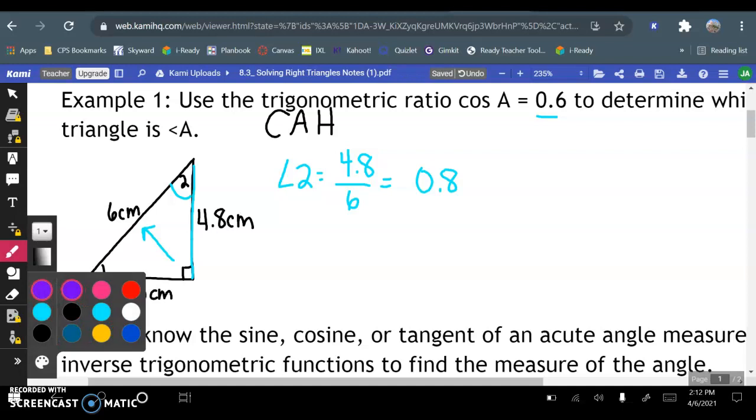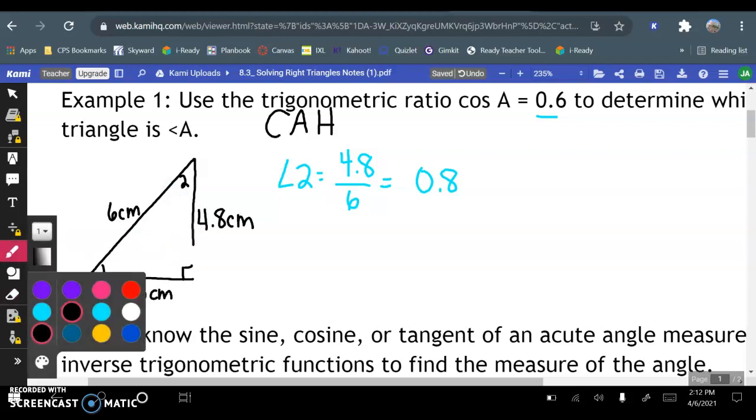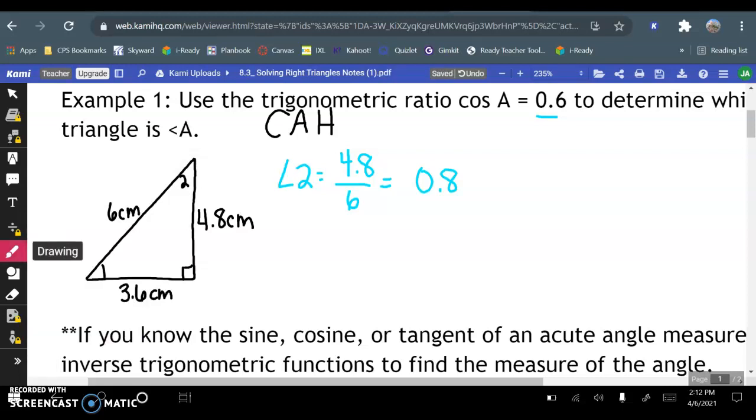So now we have to do the same thing with angle 1. Adjacent to angle 1 would be this line here, so that would be 3.6 over the hypotenuse, which is 6.